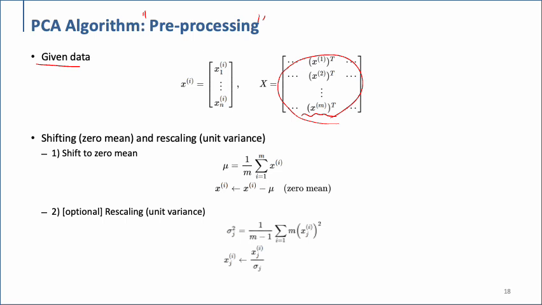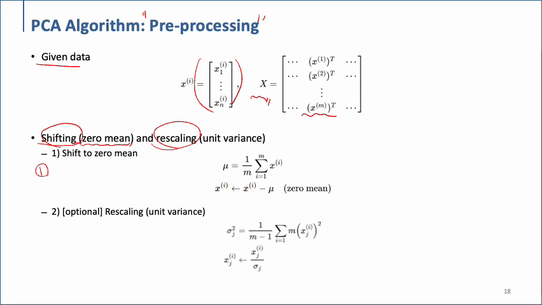By using these x vectors, you can construct the whole x matrix. And for these x samples, we need to shift and rescale the data. That means we need to shift the mean to 0, and rescale to make the variance become unit, or 1.